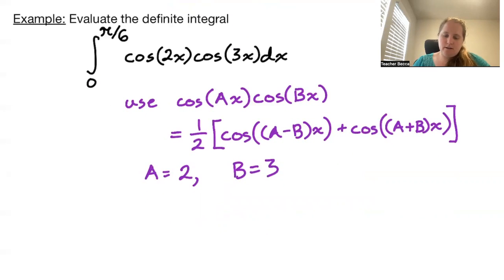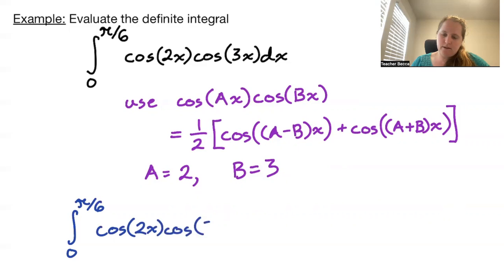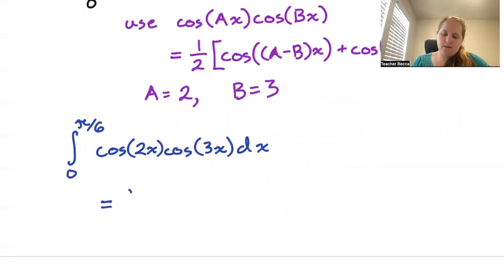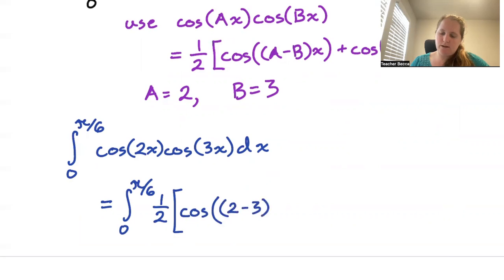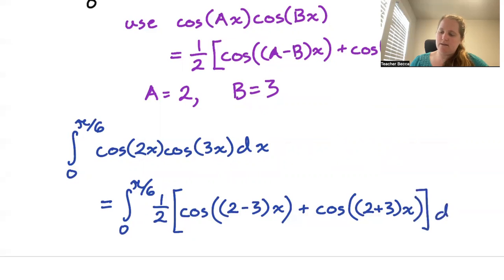So we are looking at the integral from 0 to pi over 6 of cosine of 2x cosine of 3x dx, which equals the integral from 0 to pi over 6 of 1/2 times, in brackets, cosine of (2 minus 3)x plus cosine of (2 plus 3)x, and then dx.